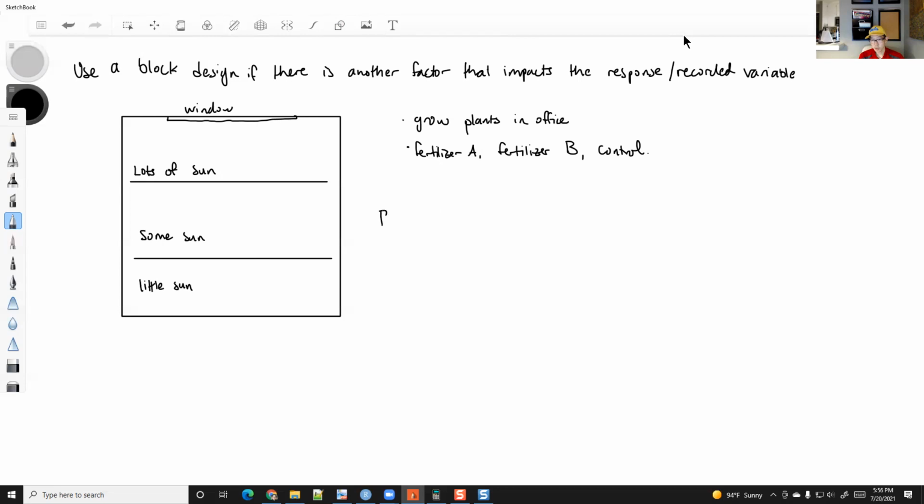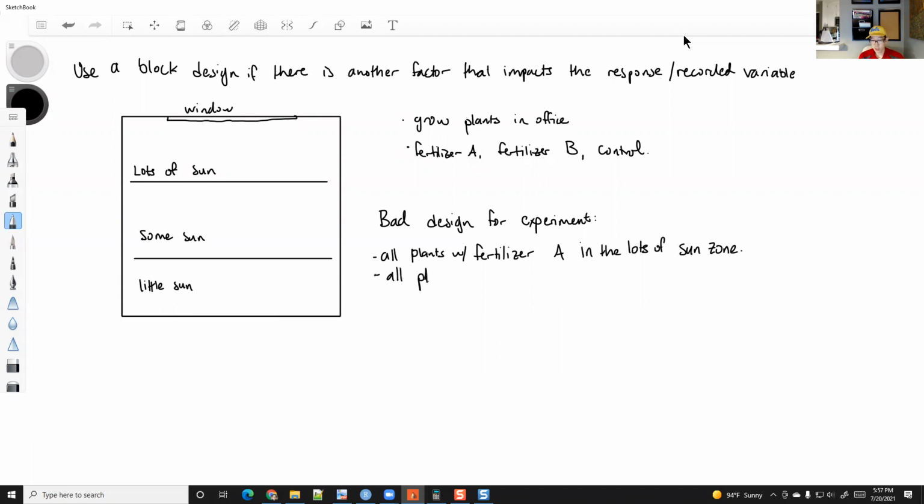This would be a bad design for the experiment: you would put all plants with fertilizer A in the lots of sun zone, all plants with fertilizer B in some sun, and all control plants in little sun.